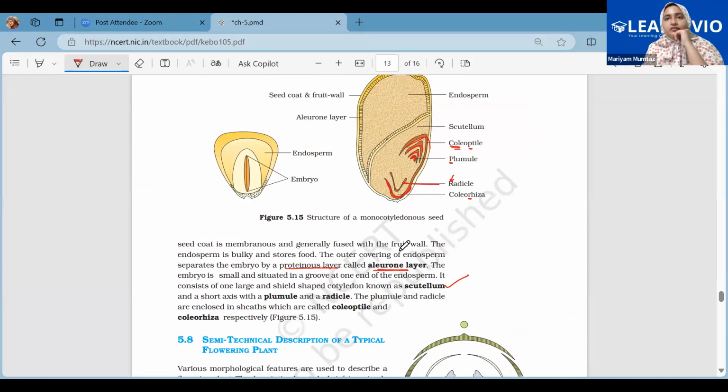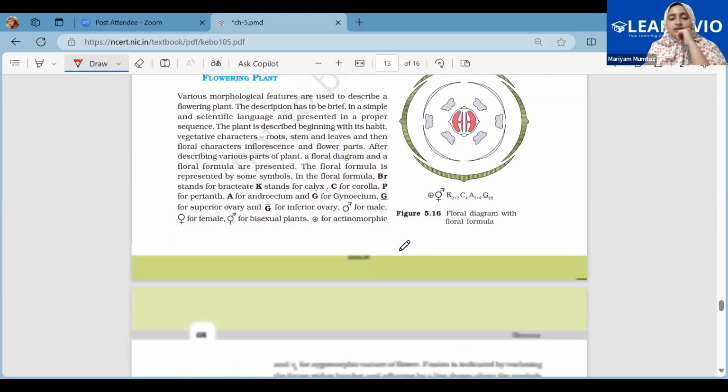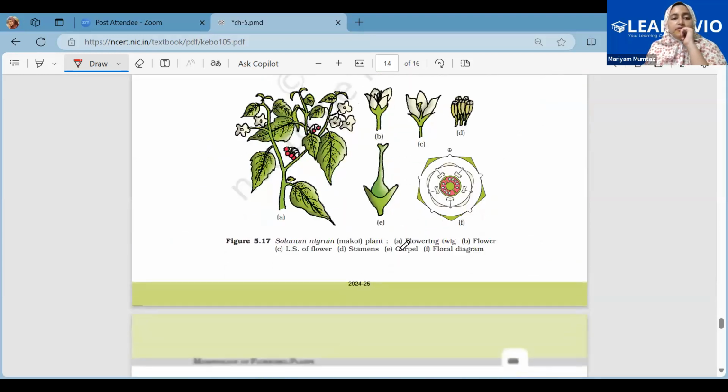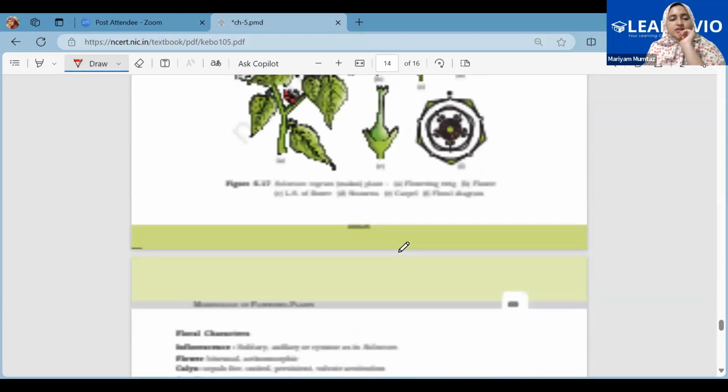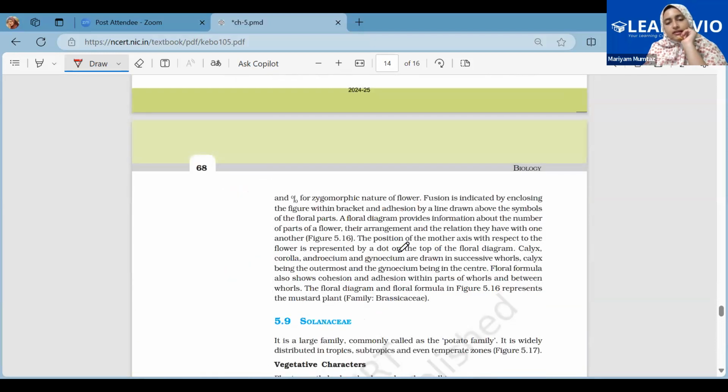Now the last part of this particular chapter is the floral families, the different families. Now students, tell me one thing. Which part of this chapter has been deleted? Is it Modification of roots, stem, and leaves?